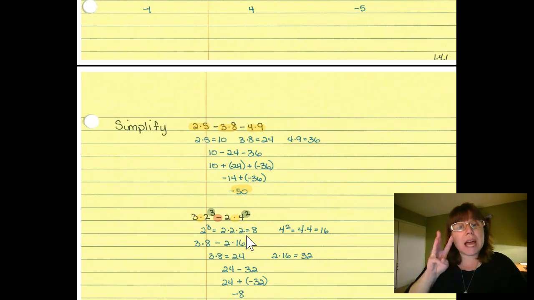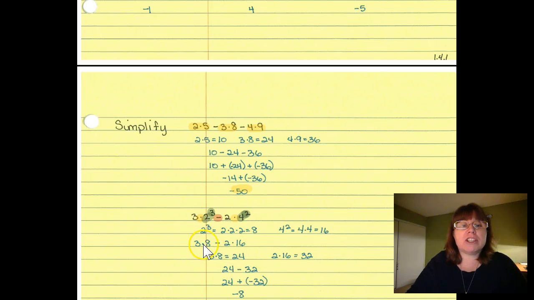So I have 3 types of operations. I need to do them in the correct order. So 2 cubed is 2 times 2 times 2, which is 8. 4 squared is 4 times 4, which is 16. So where I saw the 2 cubed and the 4 squared, I'm going to replace that with 8 and 16 respectively. So now my new problem is 3 times 8 minus 2 times 16.